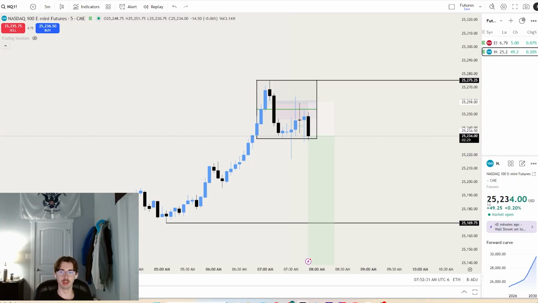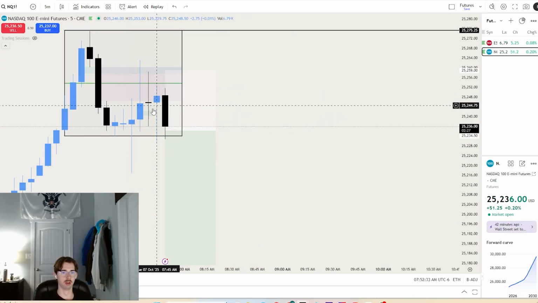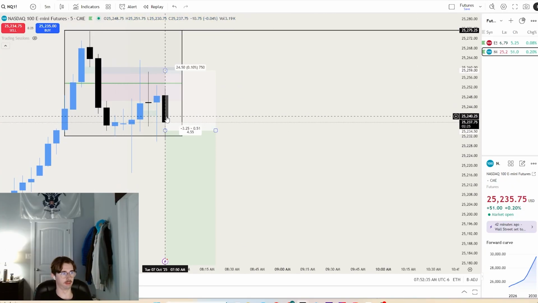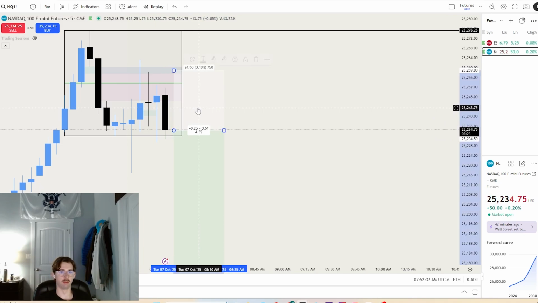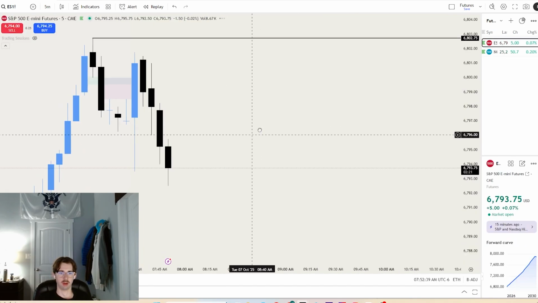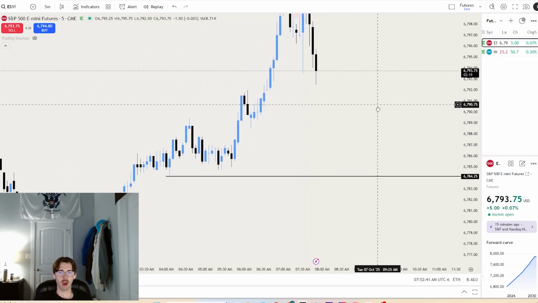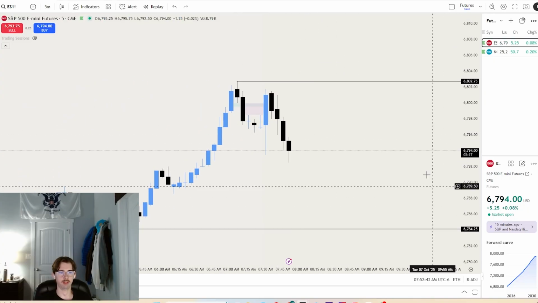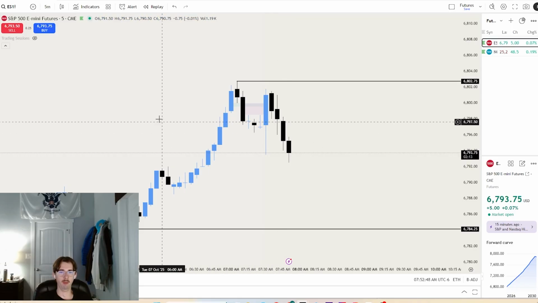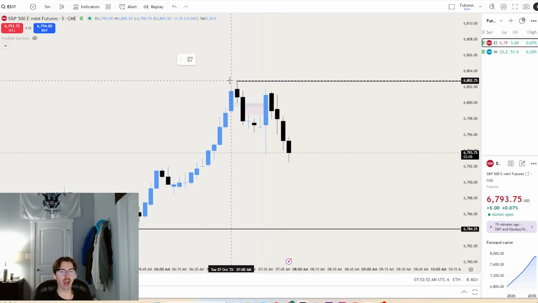I do like how strong this candle is so far and how it's forming, although who knows what happens. I'd love to see a retracement into equilibrium. We have a breaker block.